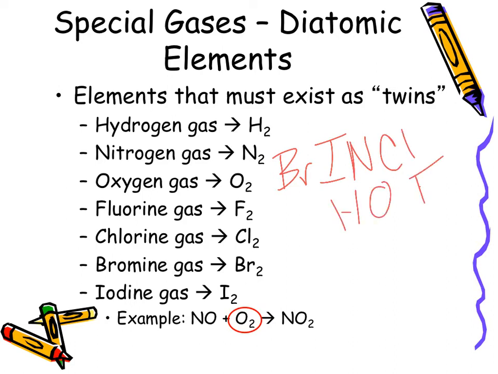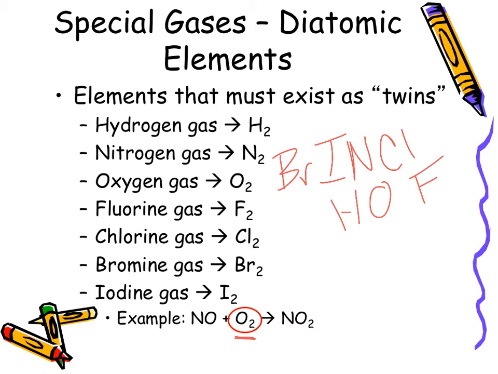Okay, bromine, iodine, nitrogen, chlorine, hydrogen, oxygen, or fluorine. Anytime you see Brinkelhoff, these guys either need to be in a compound or they need to be 2 at a time. They're diatomic, di meaning 2, atomic atoms, 2 atoms together.